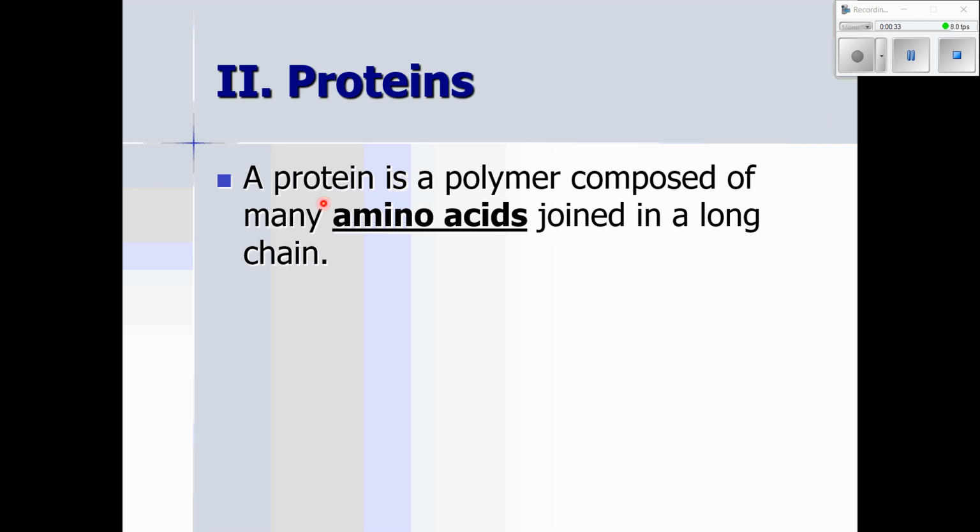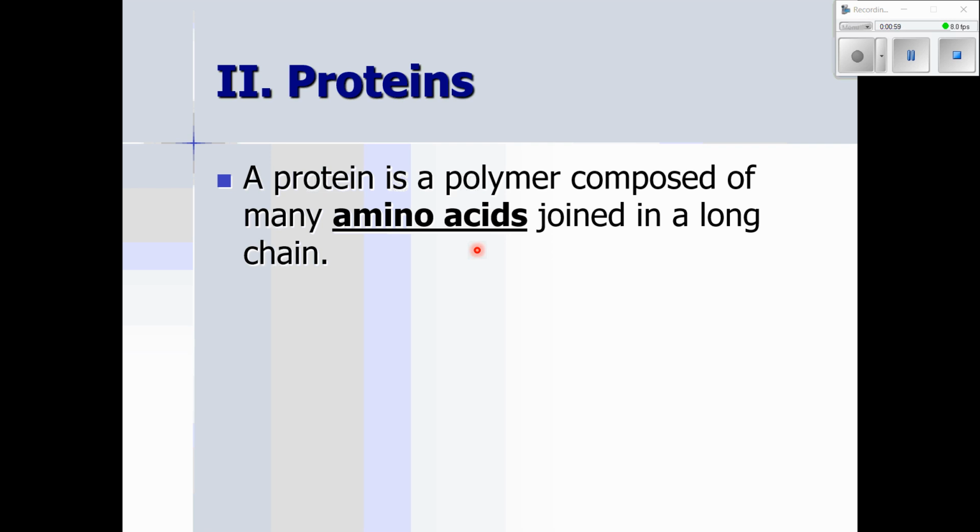A protein is a polymer, and the basic building block that makes up that polymer is called the amino acid. When we were discussing carbohydrates, we said that a polysaccharide, like starch, is a polymer of glucose.